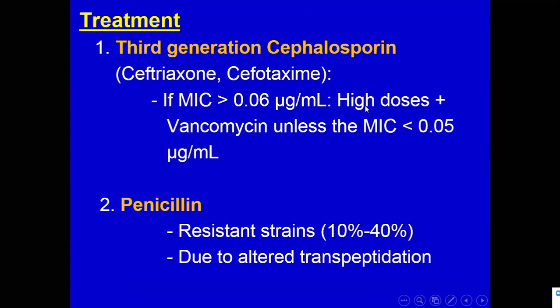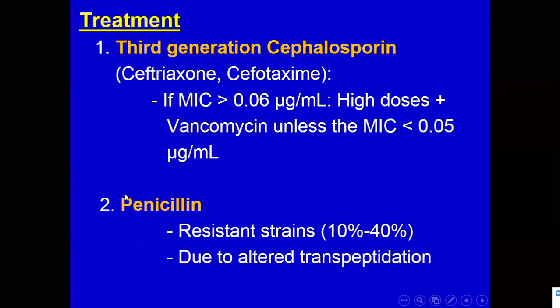Unless the MIC is less than 0.05, you can use ordinary doses of Ceftriaxone without vancomycin. But once the MIC is high, you have to combine the third generation cephalosporin with vancomycin, taking into consideration that this microorganism could be a resistant one.